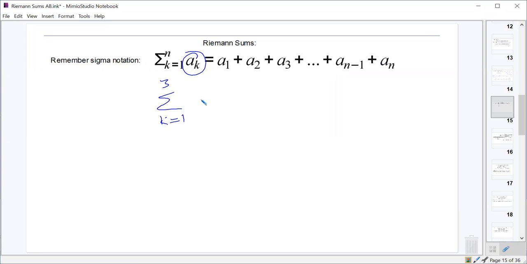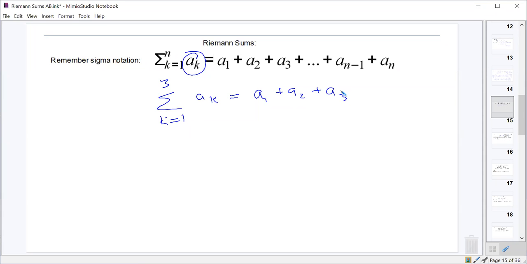Yes, no, maybe? Yeah. All right. So if I said sum together from k equals 1 to 3, all of the a sub k's, that should just look like a sub 1 plus a sub 2 plus a sub 3. Good or no?